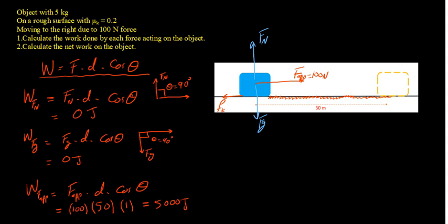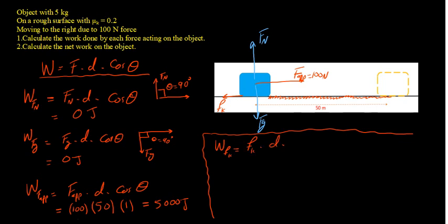Now let's calculate how much work is done by the friction force. It's going to be the friction force times the distance times cosine theta.